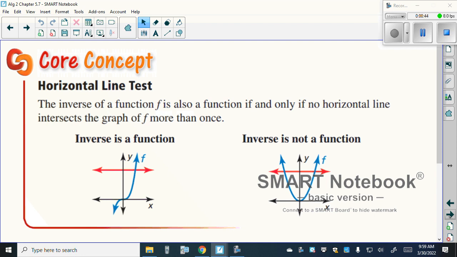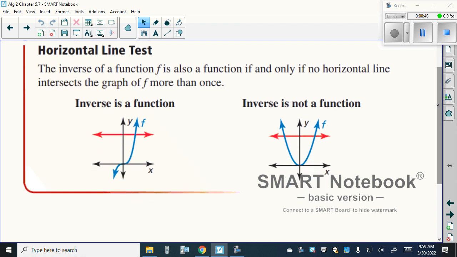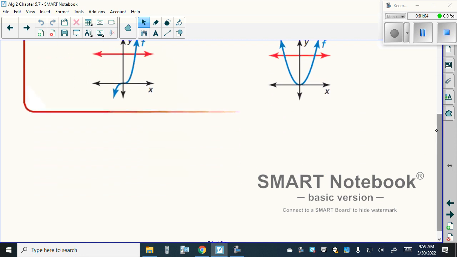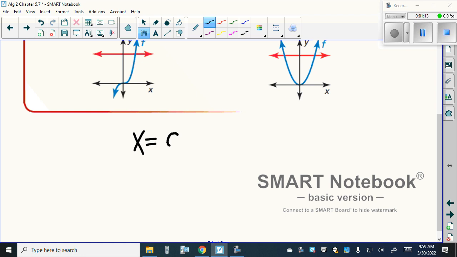Now, the horizontal line test is checking for inverse, because whenever we inverse a function, and y'all have done this in Algebra 1, our first main step was to switch x and y, because we're going to flip the x and y to be able to find its inverse. Well, any vertical line is in the form x equals a value, because x equals is our straight up and down.